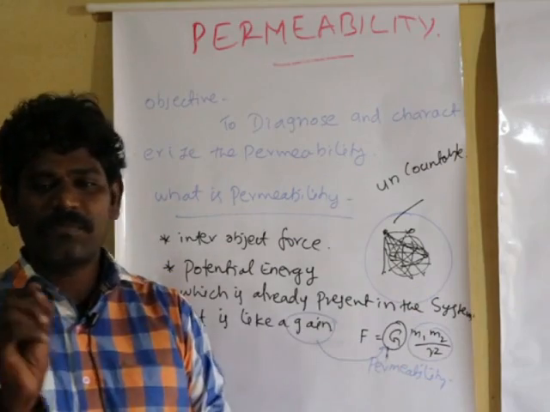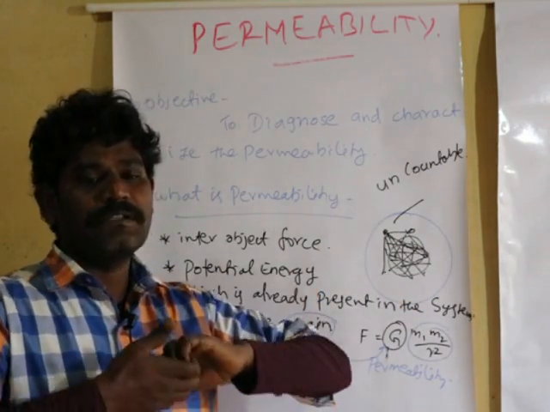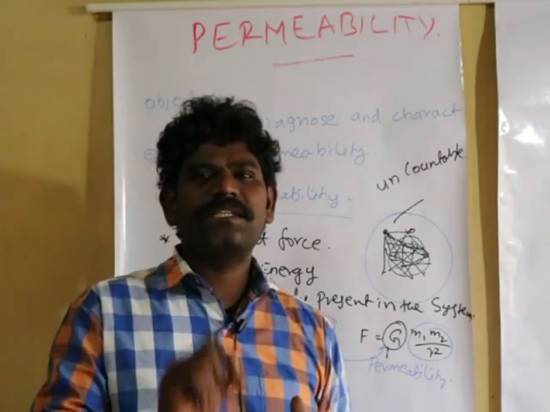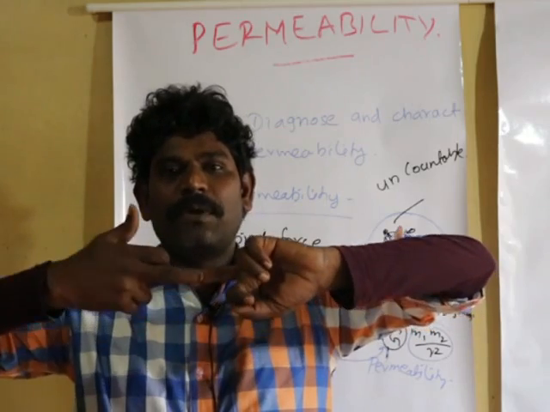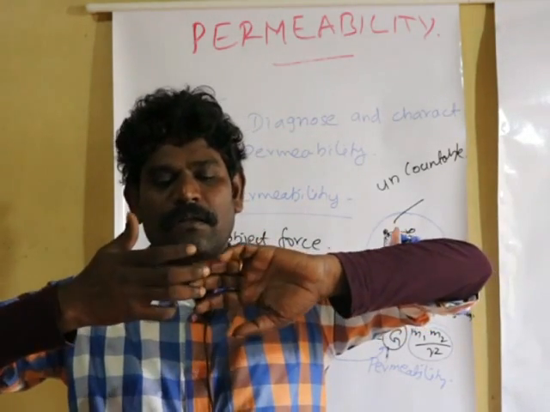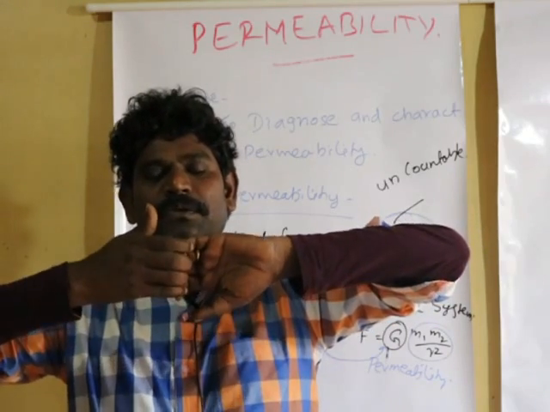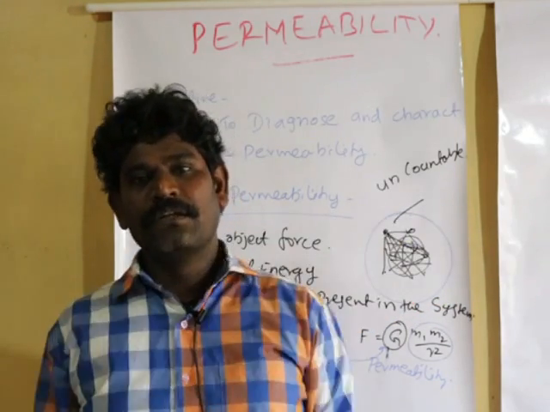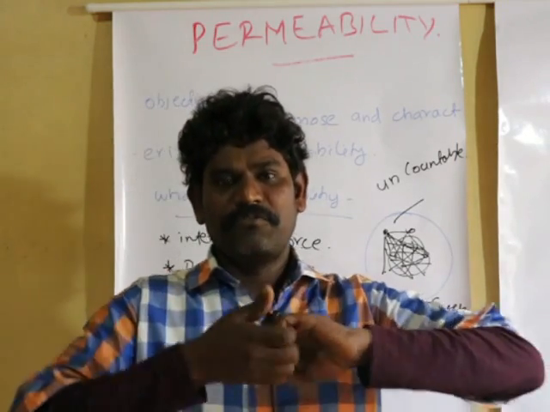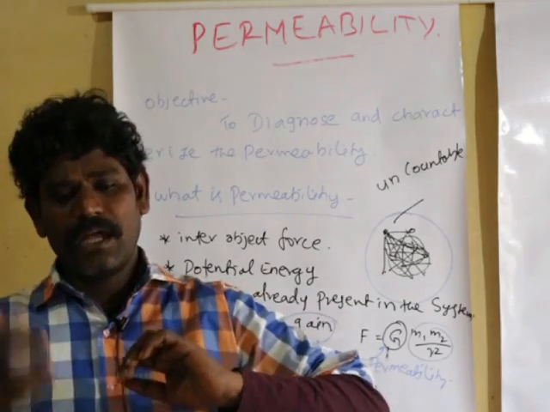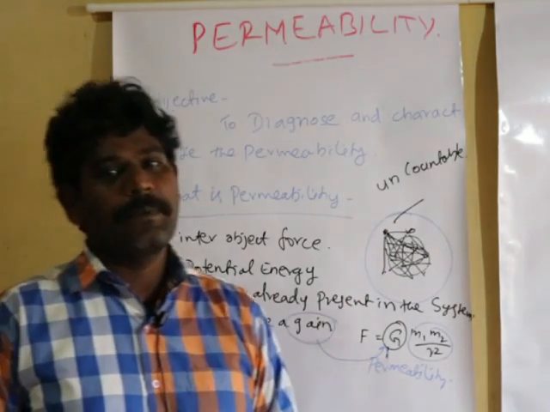If you take a small material, within this material we have an ample number of binders, because each and every basic element in the system is tied up with each other. They may be less tightly, moderately, averagely, well, or heavily tied. So based on these inter-object forces, they are already tied up with each other. This force we call permeability.